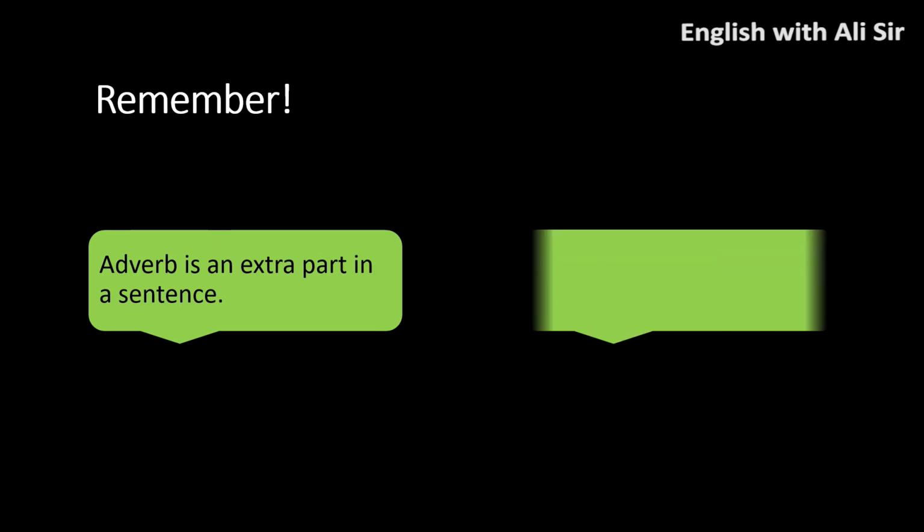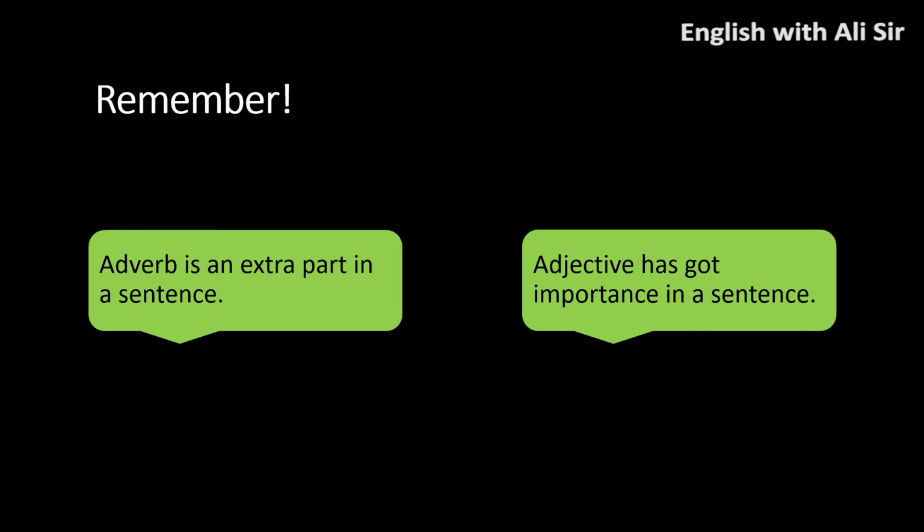So it may or may not affect the sentence, its meaning, if it is omitted. In comparison to that, adjective is a word which has more importance in a sentence as compared to adverb.